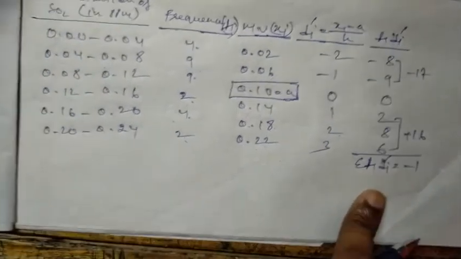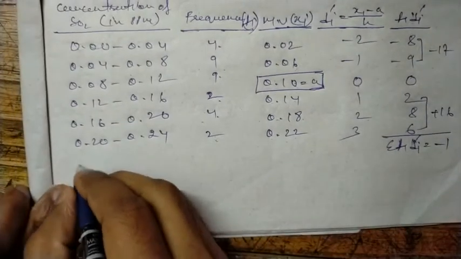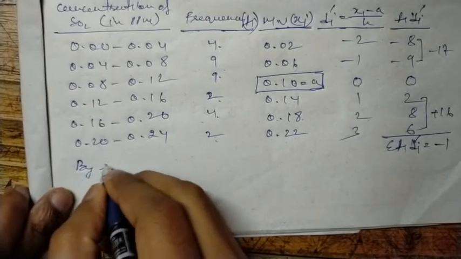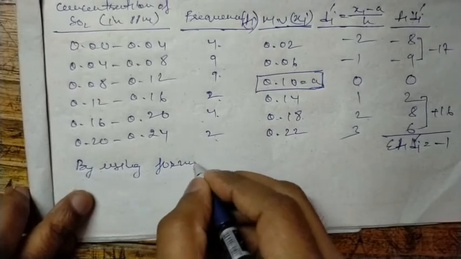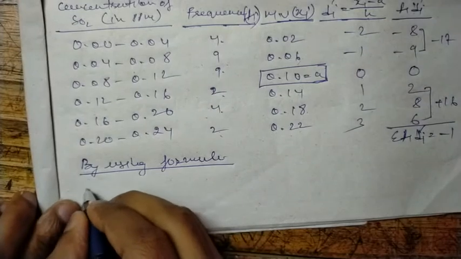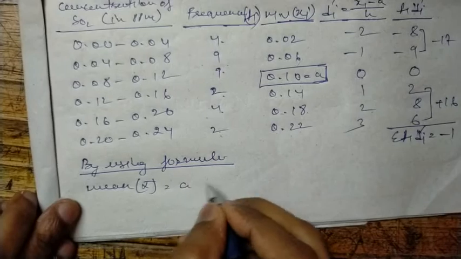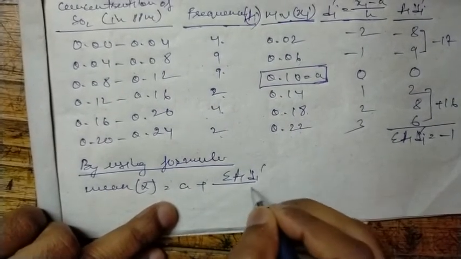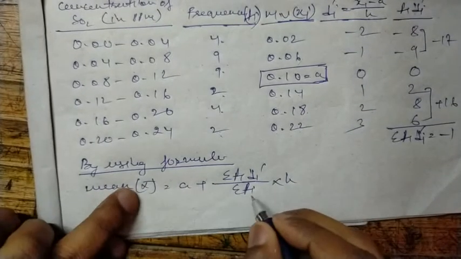Now by using the formula, we know the formula of step deviation: a plus sigma fi di dash by sigma fi into h. This is our class size.